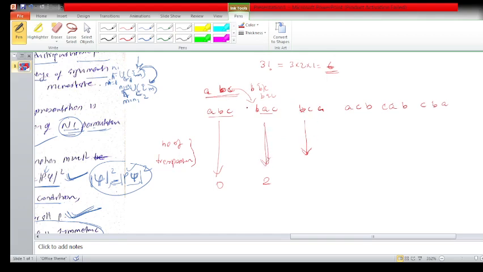So from ABC, if you are considering how many transpositions are there, first you have to consider A to B, then A to B, then B to C, then C to A. So three possible transpositions are there, right?